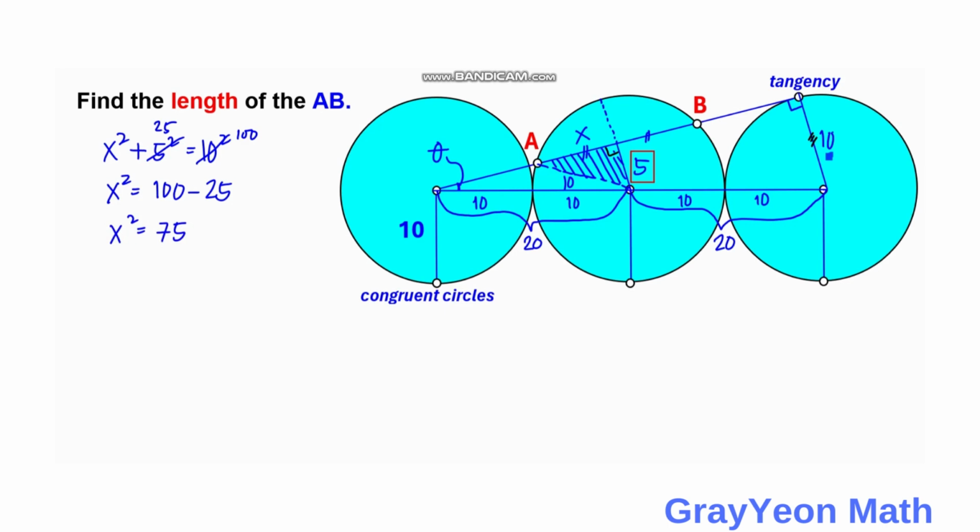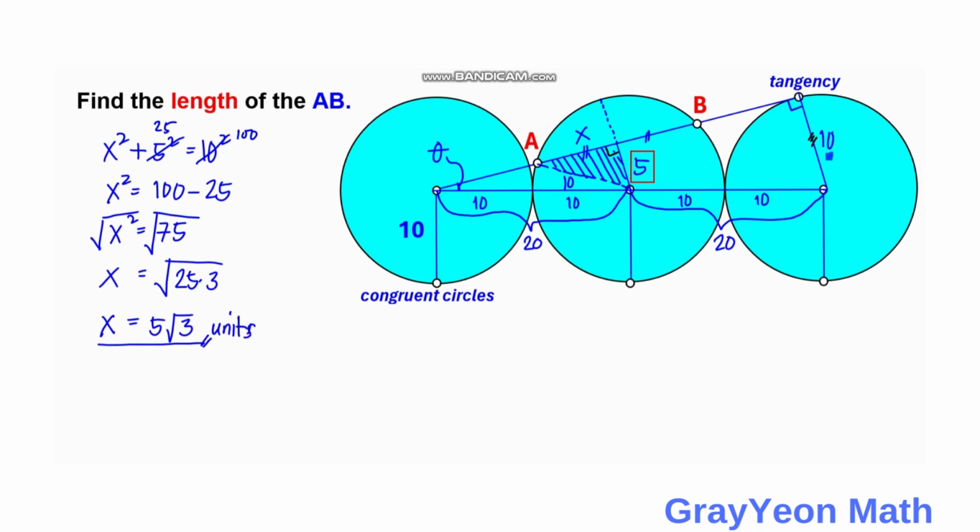If we take the square root of both sides, 75 can be written as 25 times 3, so x is equal to 5 square root of 3 units.